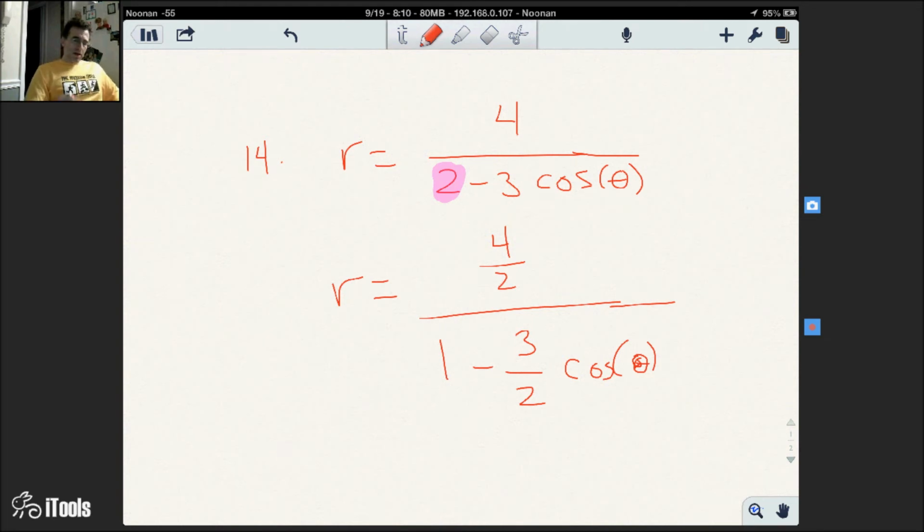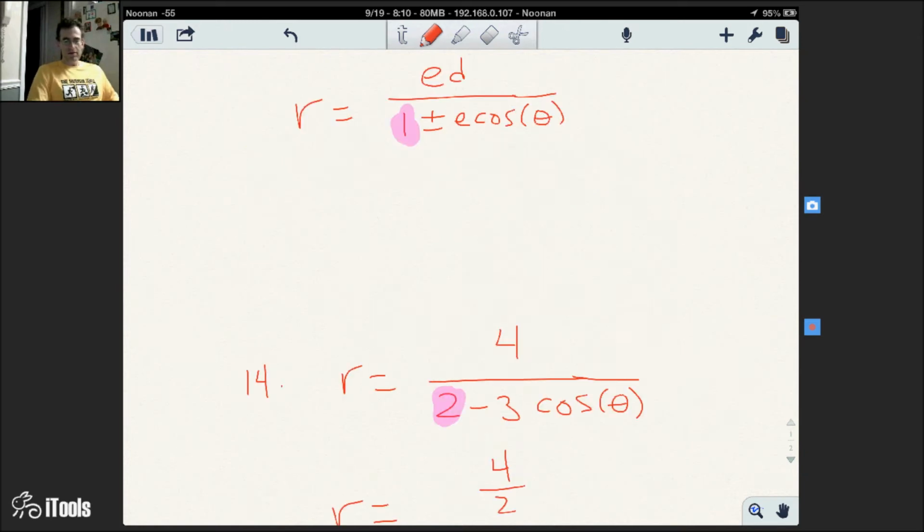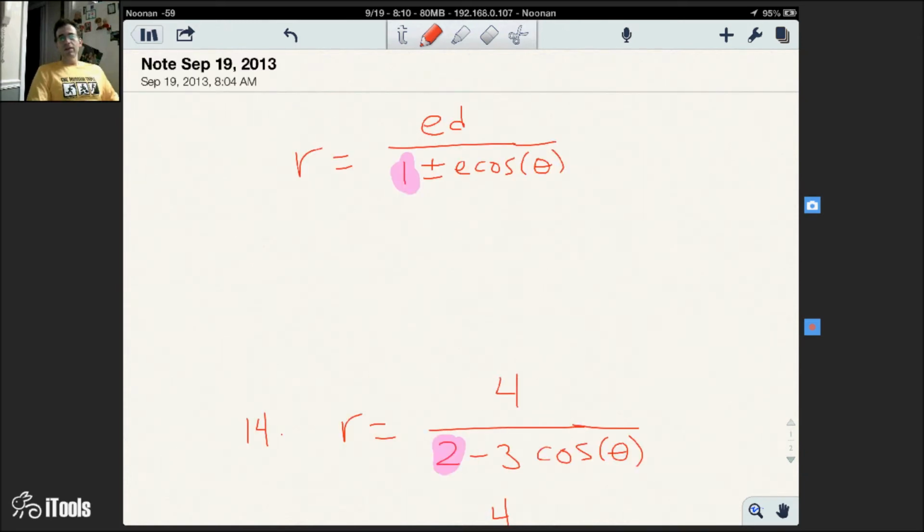At any rate, now that we have it in general form, let me go back up to the general form at the top. You can see that the numerator is going to have the eccentricity times the distance to the directrix, and the denominator is going to have the eccentricity times the trig function.